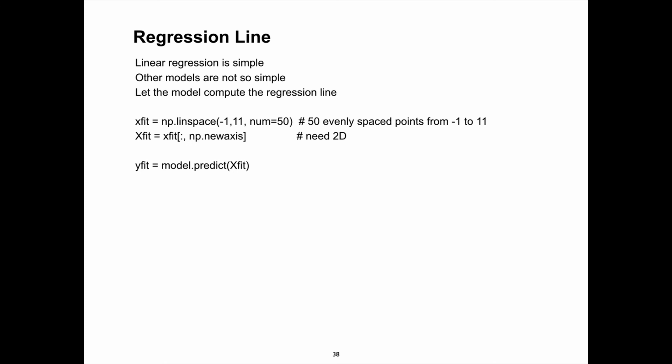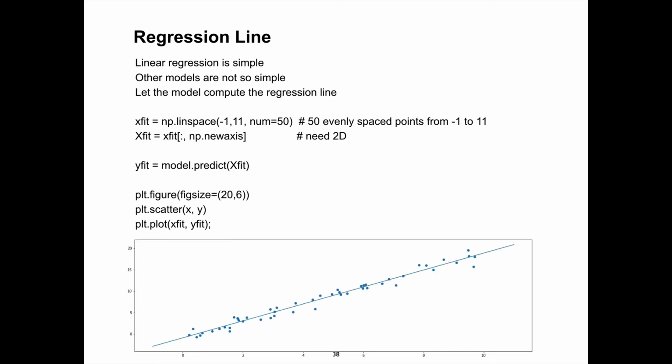Right, so here again, I'm creating those 50 evenly spaced points, and I have to convert it into a two-dimensional thing, and then I can call predict on the model, and it knows the coefficient, and it will then basically do what I just did in the previous slide. And then, yeah, it sort of looks like the same, right?